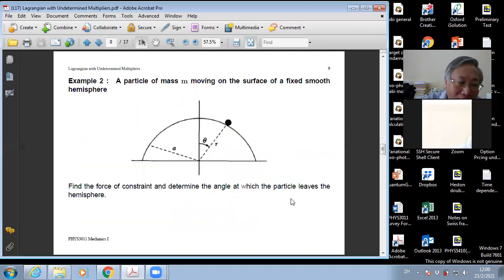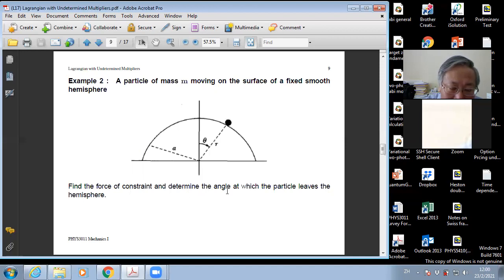Right. Second example, a particle of mass m moving on the surface of a fixed smooth hemisphere. All right. So it's moving on the surface of this hemisphere. Find the force of constraint. Obviously, that is the normal reaction.